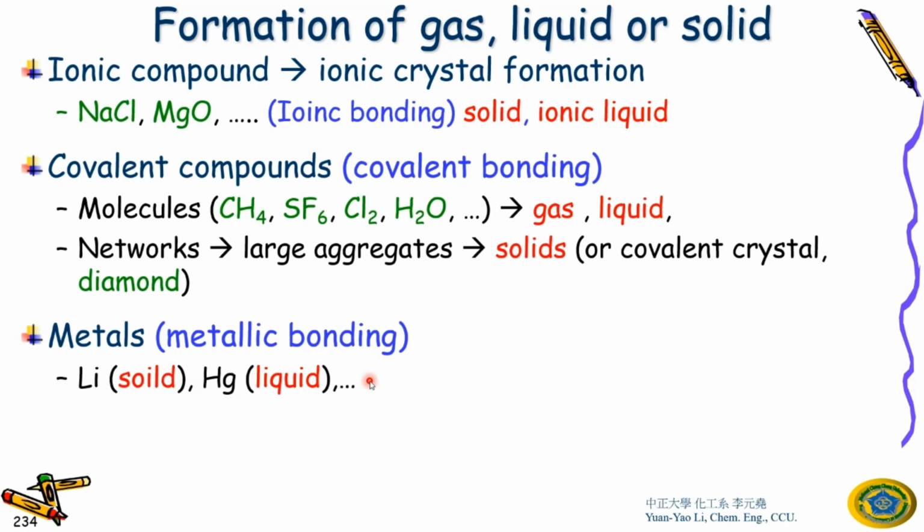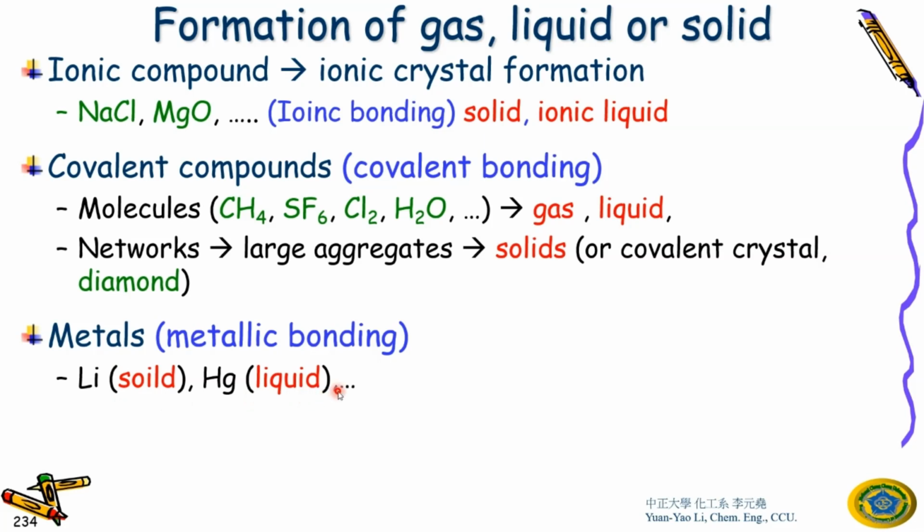So, according to the three chemical bonds, you cannot distinguish what kind of bond forms liquid, solid, or gas, because ionic bonds give solid and liquid, covalent bonds give gas, liquid, and solid, and metals can form solid or liquid.